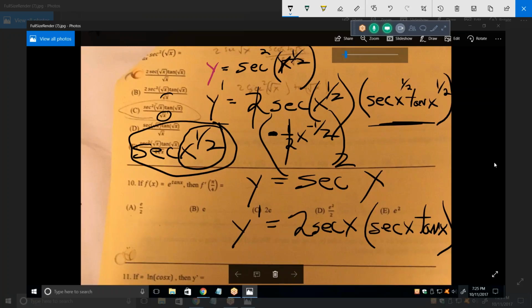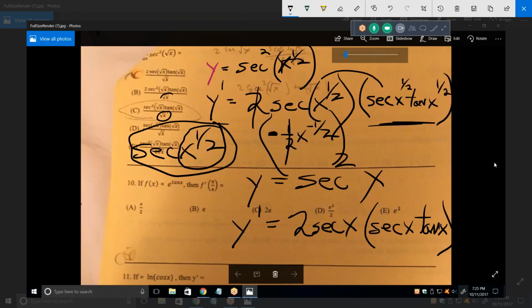So that's secant of square root of x times tangent, and multiplying that gives me secant squared of square root of x.